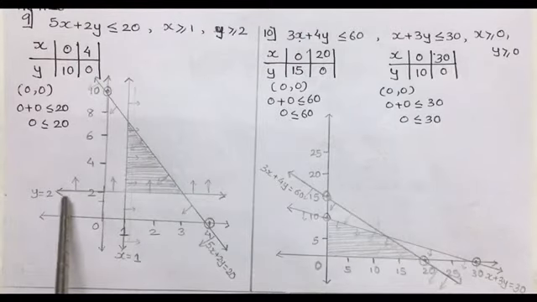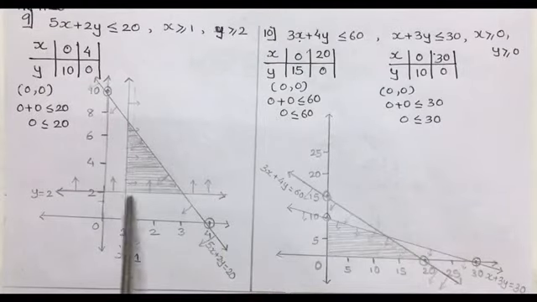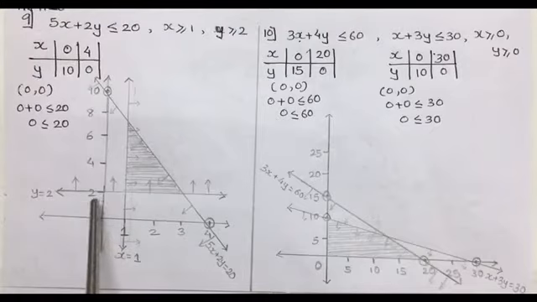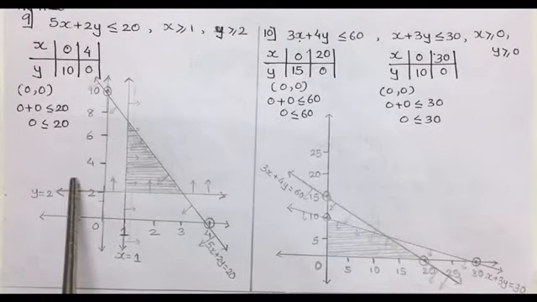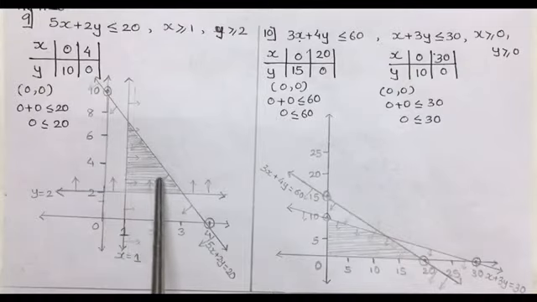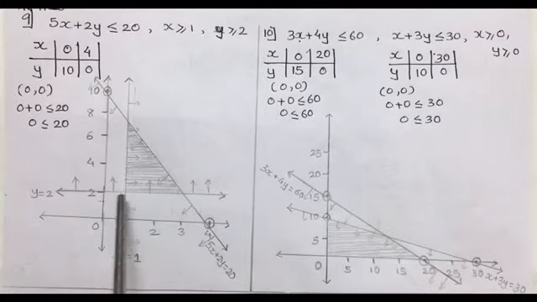Y equal to 2 will be the line perpendicular to the y axis passing through 2. Y greater than or equal to 2 means the shaded area will be above the point 2.